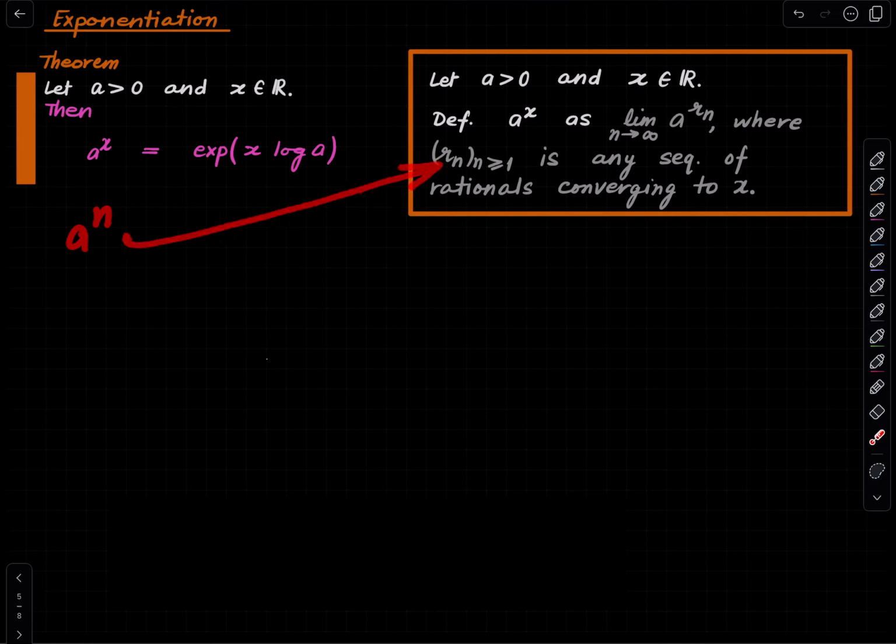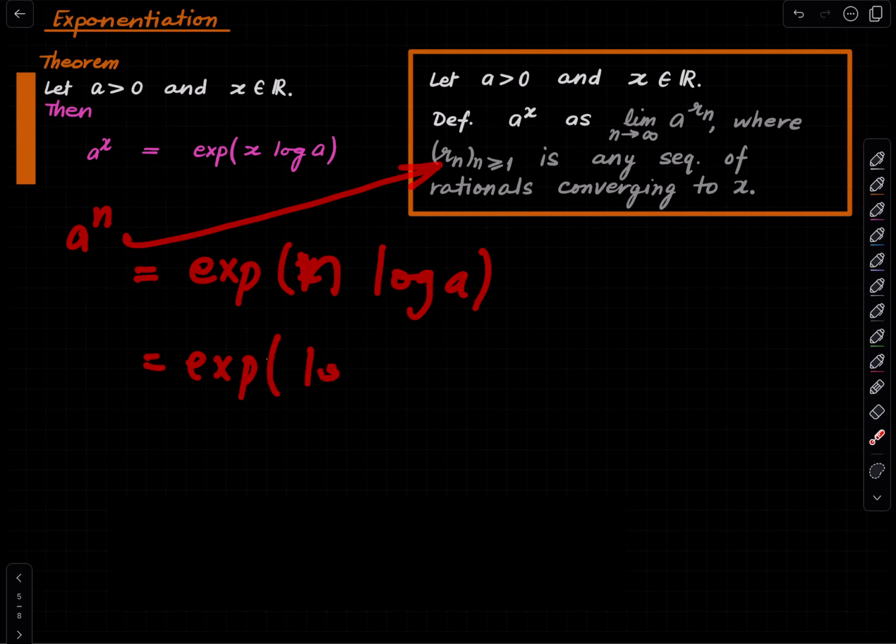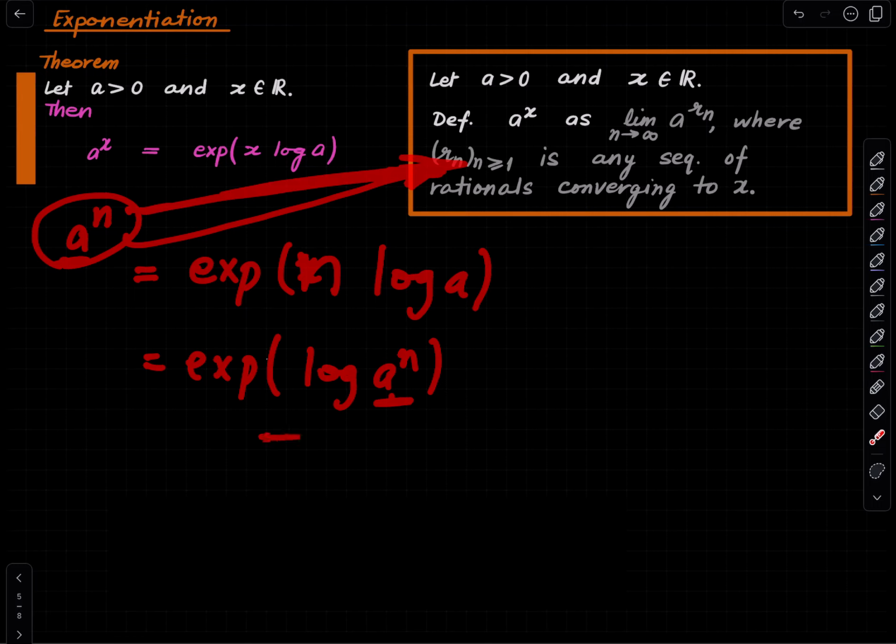By this theorem, this a to the power n is exp of n log a, which is equal to exp of log a to the power n. And when I wrote a to the power n here, I meant under our usual, familiar way of writing a to the power n. This now shows that the a to the power n under this definition is the same as the a to the power n under our usual definition.